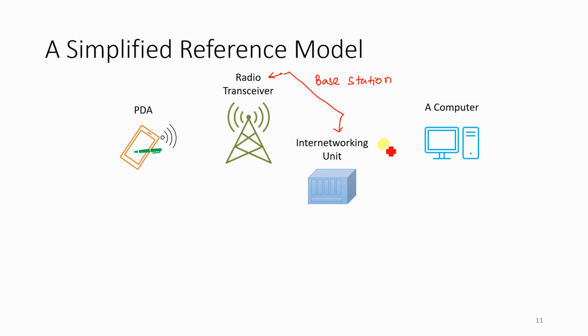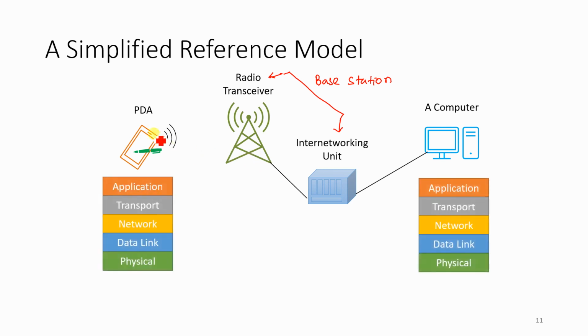Right? And finally, whenever you think about the internetworking unit, it will provide the wired connection between the radio transceiver and a computer, and there will be wireless communication between the PDA and the radio transceiver. There are two devices that want to communicate with each other, the PDA and a computer.